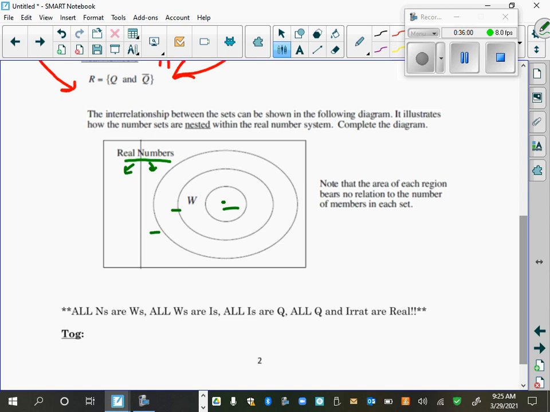Which one goes in here? Everyone? What letter? N. This one? Good. So all natural numbers are whole numbers. All whole numbers are integers. All integers are Q. Good job. If you're a number, you're either rational or irrational, and they are apart. They do not combine with each other.